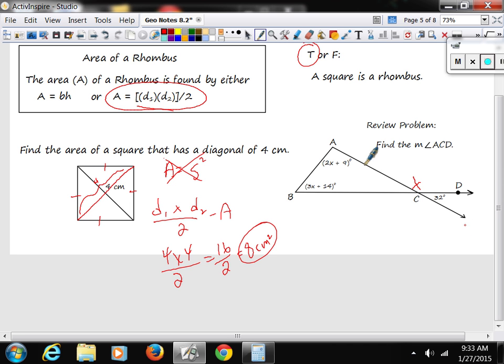What do I know about this line right here? It makes 180 degrees. What is the 32 and this X? Those are called a linear pair because they're a pair of angles that make a straight line. So X plus 32 has to add up to how much? 180. So you subtract 32, and you're going to get X is 148. So that's the easy way to do it.